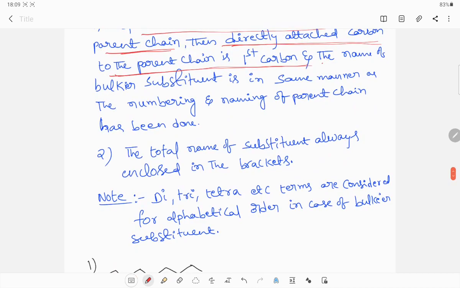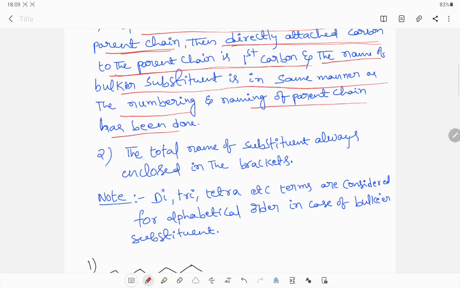Now next one. The numbering and naming of the bulkier substituent is done in the same manner as the parent chain. In the first and second rule, what we did while selecting the parent chain and numbering it, that rule is applicable here also.